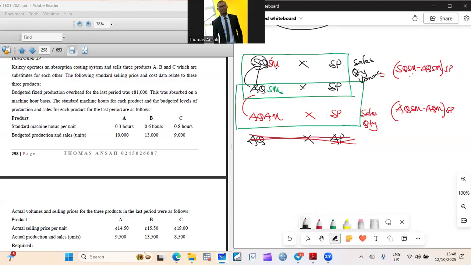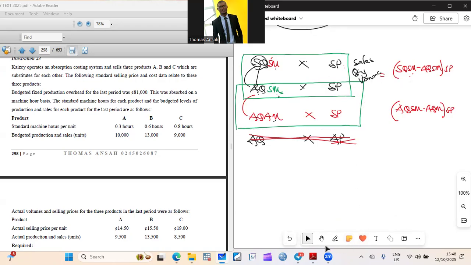Because the comparison is between, as for the SM and the SM, they are constant. But the SQ and the AQ is where the variation is. So this one becomes quantity variance. Then this one, the AQ and the AQ is constant. The SM and the AM is where the variation is. So it's supposed to be the mix variance. All right.